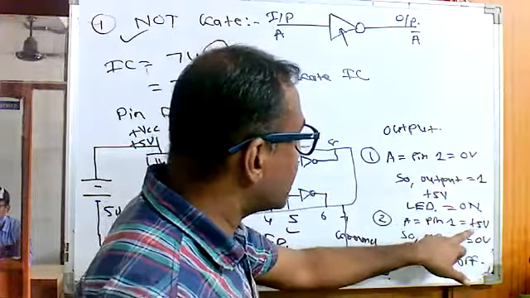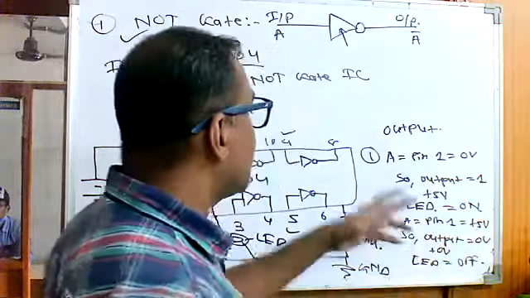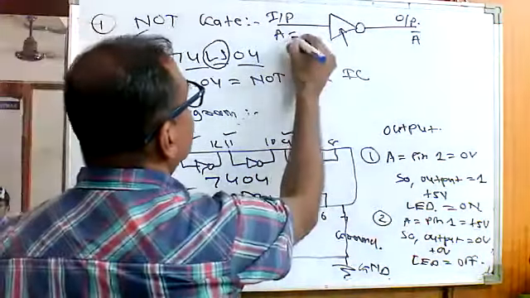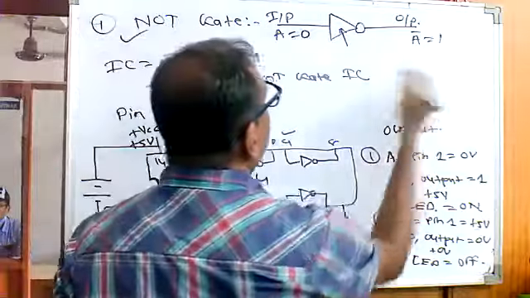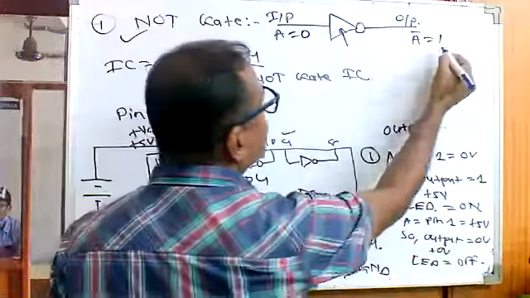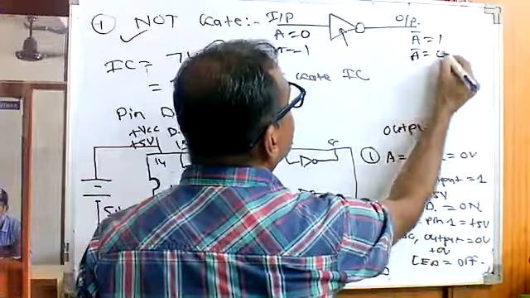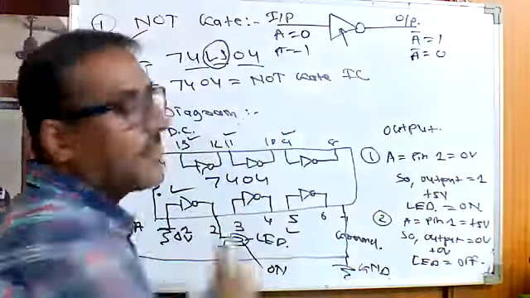When the input voltage is 1, the LED is off. So the output is the complement of the input signal. When A is equal to 0, the output is 1. When A is equal to 1, the output is 0. So the output is the complement of the input.